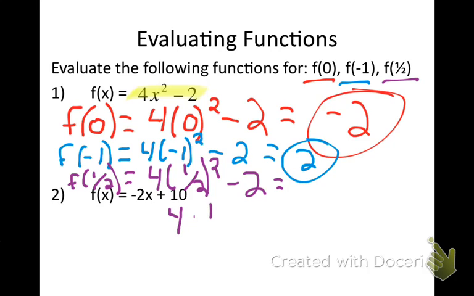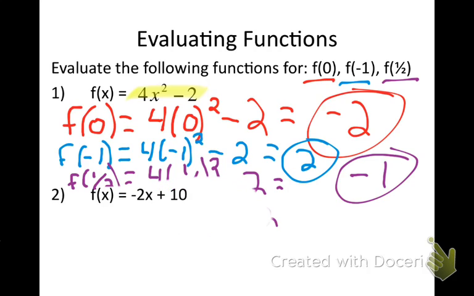So I get 4 times 1/4 minus 2. Well, 4 times 1/4 gets me just what, John? 1 minus 2 is? Negative 1. So my answers there would be negative 2, 2, and negative 1. Again, is it just like evaluating like we did in the warm-up? Yeah, it is. You're plugging a number in, you get a number back out.